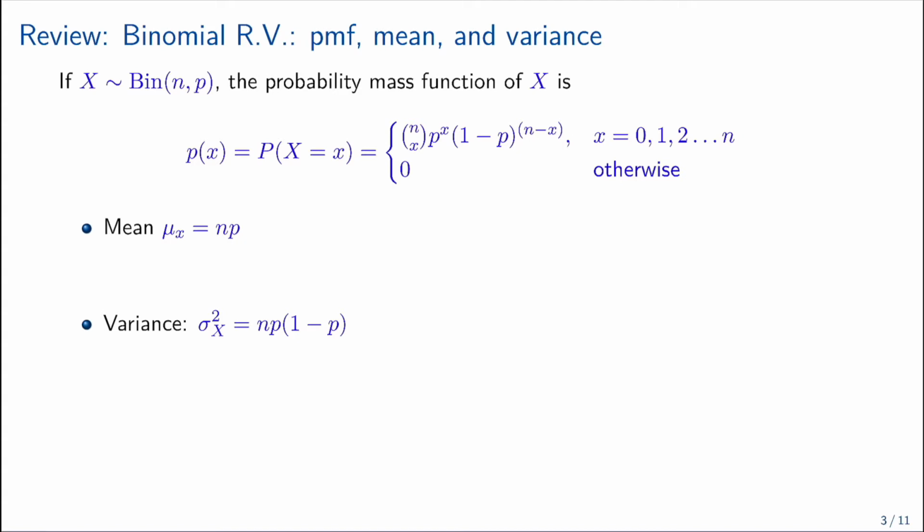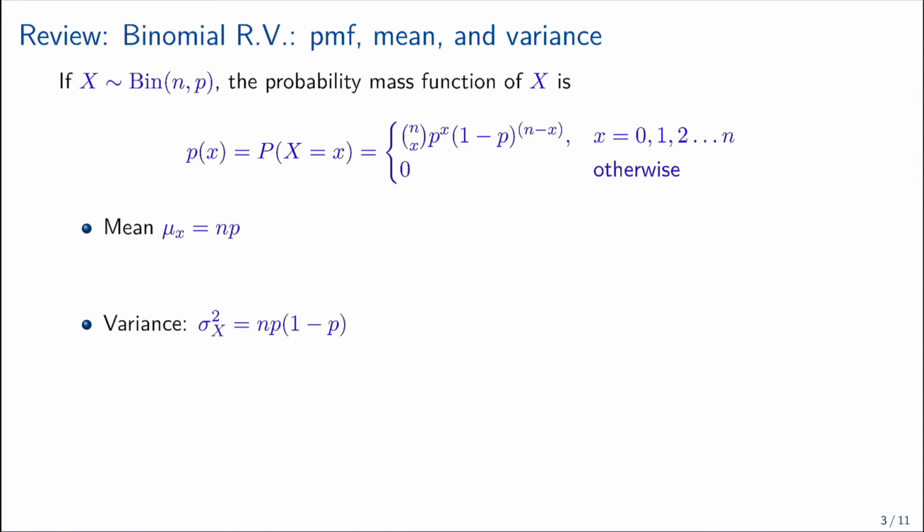Then the probability mass function for the binomial is defined in terms of the binomial coefficient, which counts the number of successful trials, multiplied by p to the x and multiplied by the probability of failure, 1 minus p, to the n minus x, where x takes values from 0 to n, so there are finite values, and 0 otherwise.